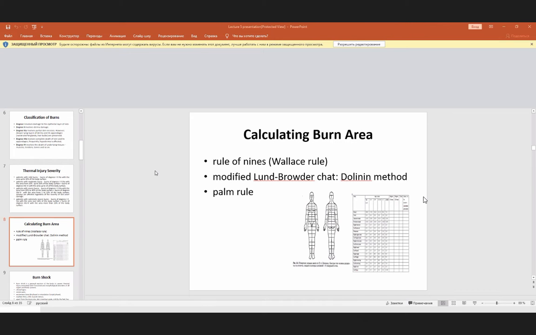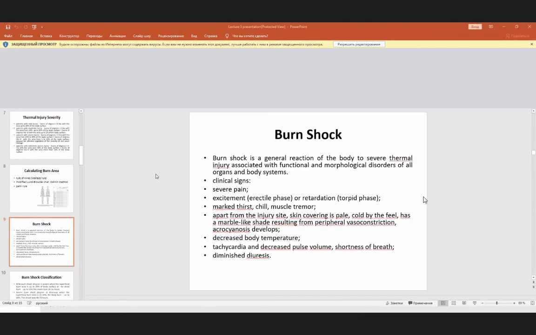Burn shock classification. Burn shock is a general reaction of the body to severe thermal injury associated with functional and morphological disorders of all organs and body systems.